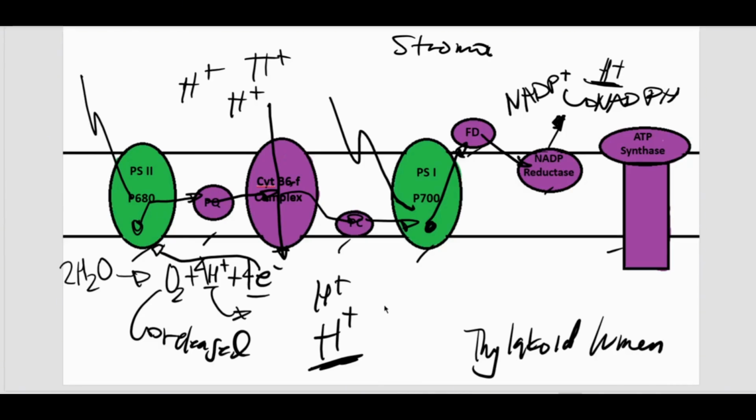So basically, these hydrogen ions that were pumped from the stroma into the thylakoid lumen will flow through here in the ATP synthase to go back into the stroma to maintain balance. Now as hydrogen ions flow into the ATP synthase, the ATP synthase rotates. And as it rotates, it synthesizes ATP.